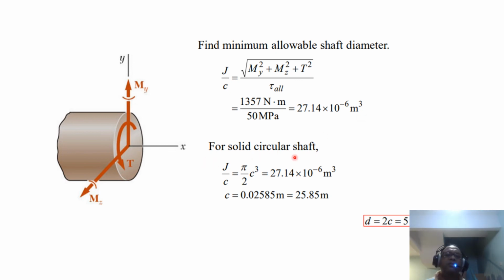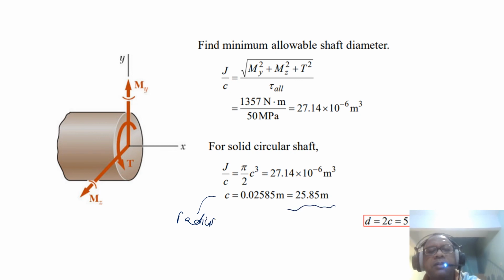And from there, for a solid circular shaft, you can have this formula, pi over 2 c cube equals J over c, and we can find that the radius is 25.85. This is the radius.